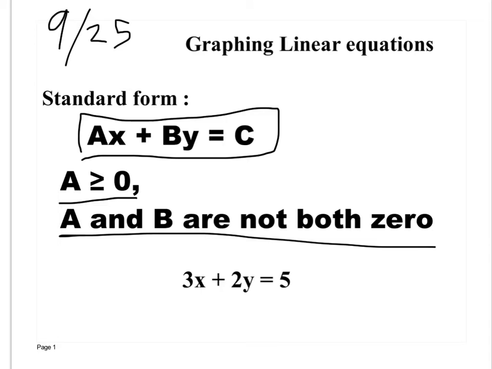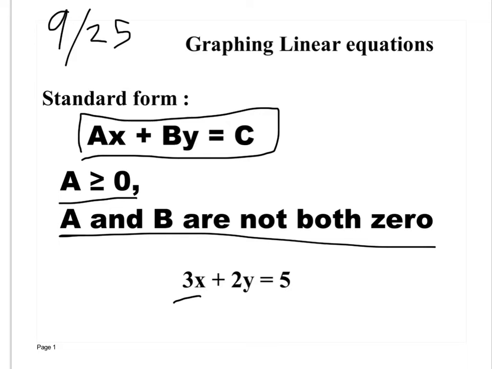Everybody understand? So I look at the problem below. We have 3x plus 2y equals 5. It is in standard form because x and y are on the same side. I determine if it's linear by looking at A. Is A greater than or equal to 0? Is 3 greater than or equal to 0?